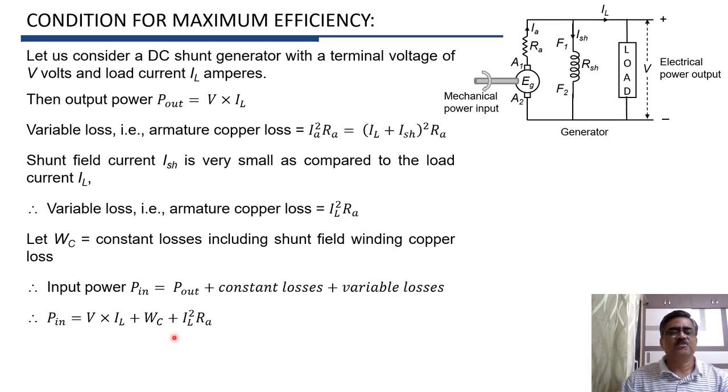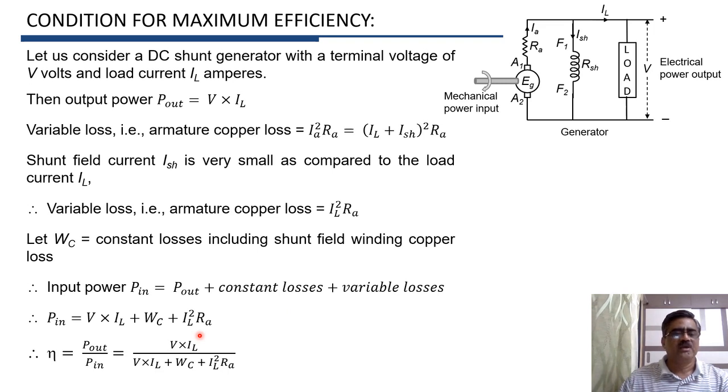So this is input power and this is output power, and you know the equation for efficiency, and therefore efficiency is equal to P out divided by P in, which is equal to V into IL divided by V into IL plus Wc plus IL square Ra. So this is the equation for efficiency of this particular DC machine.